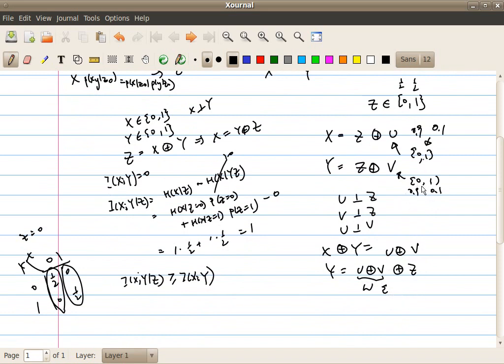The probability of w to be 0 will be either uv is 0 or uv is 1. That's 0.9 times 0.9 plus 0.1 times 0.1, which is 0.82. So the probability to be 0 is 0.82, and therefore the probability of 1 is 0.18.